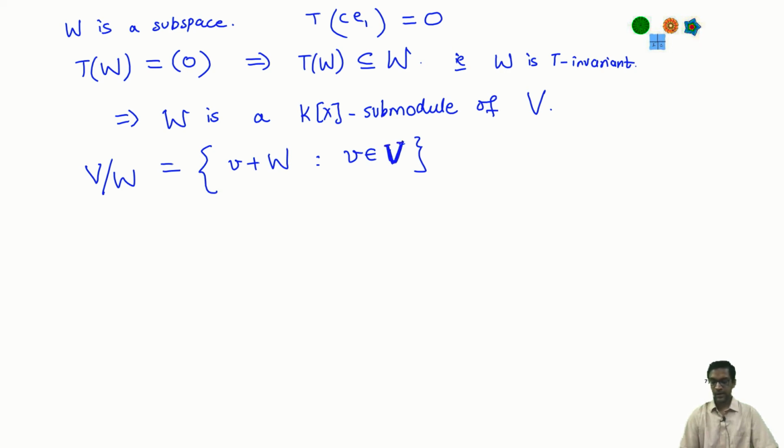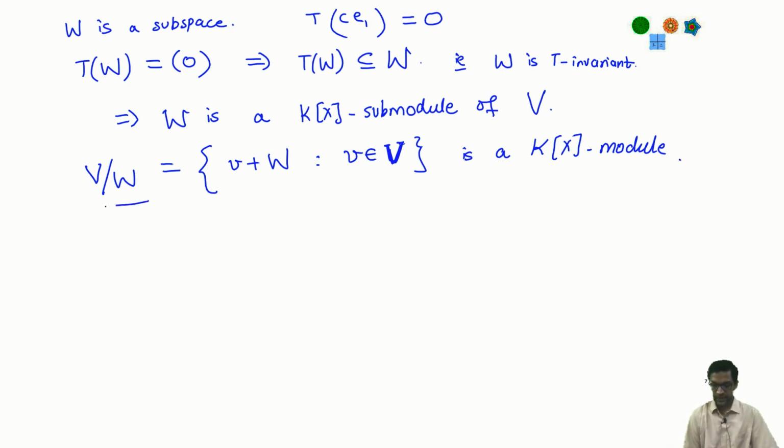Now let's calculate the action of K[x]. By our general construction, the quotient space is also a K[x] module. This should be a module, right? This has a K[x] module structure. The question is, what is this K[x] module structure? A K[x] module is a vector space together with a linear operator on that vector space.